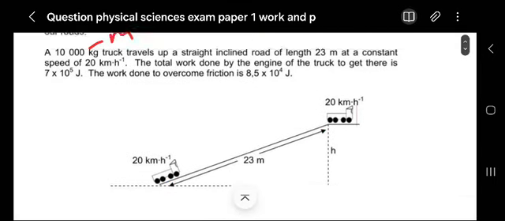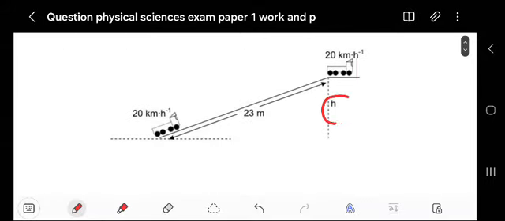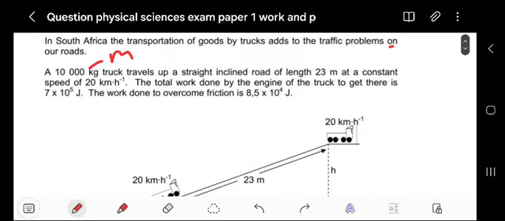Then it reaches the top, which is at an unknown height. We don't know that height. Then it says the total work done by the engine of the truck to get there is 7 times 10 to the power 5 joules, right?